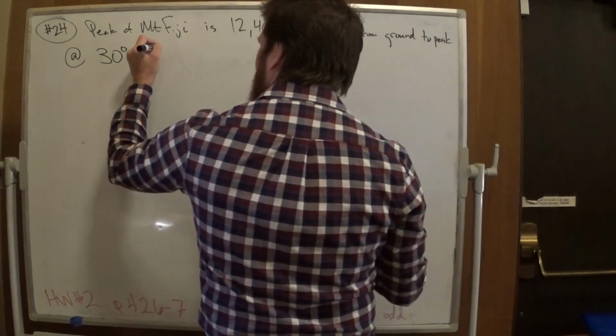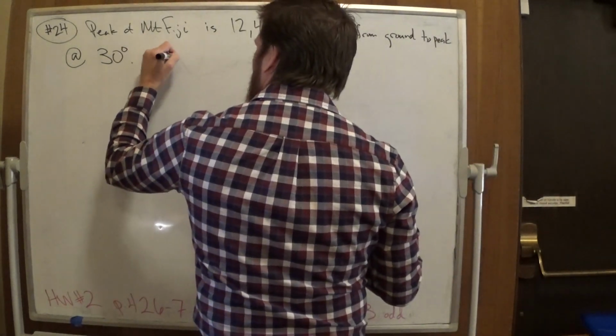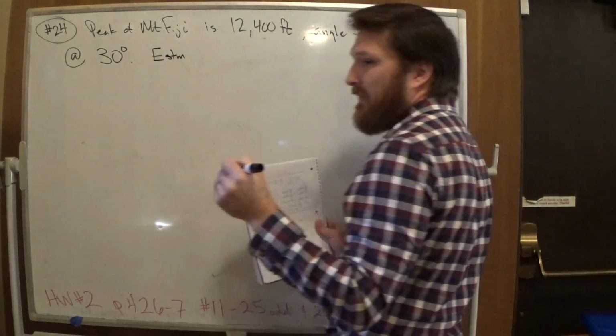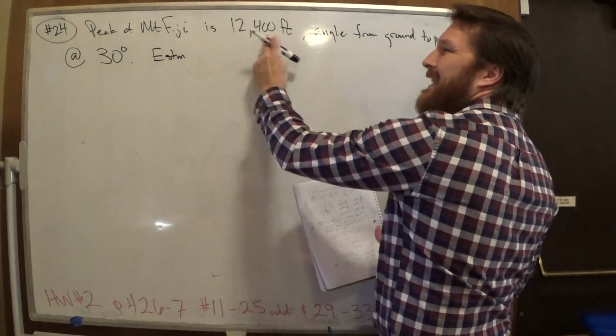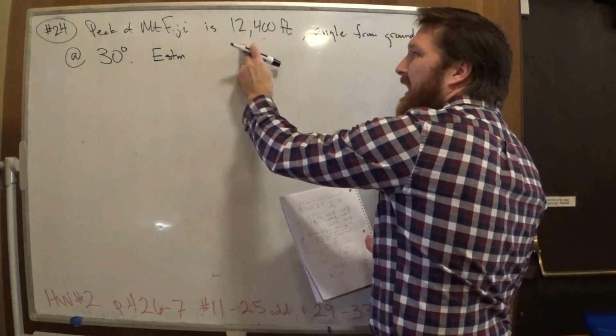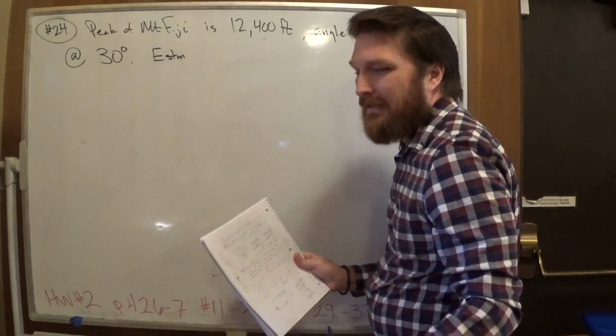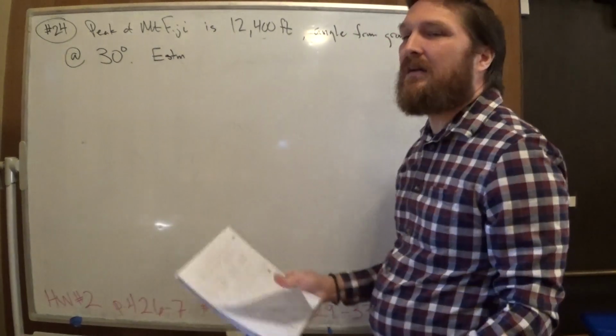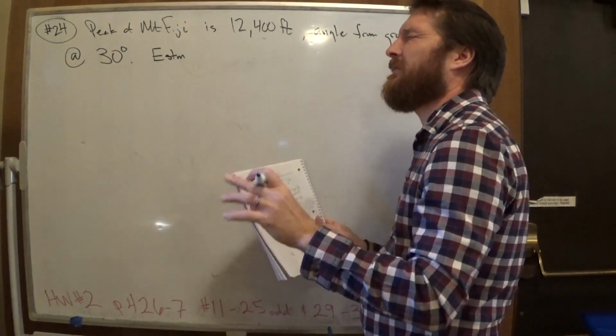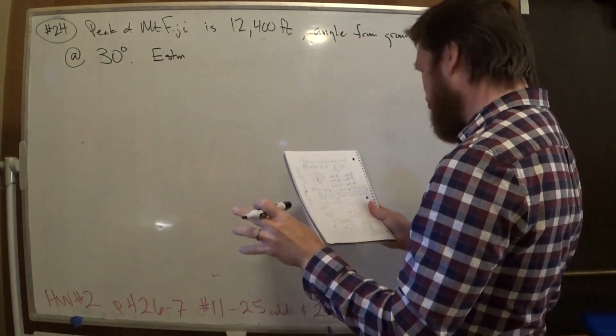Estimate distance. Well, it's an estimate because it's not exactly that, but we're going to give it in an exact form. Anytime you have 30, 60, or 90, or 30, 60, or 45, please use exact.